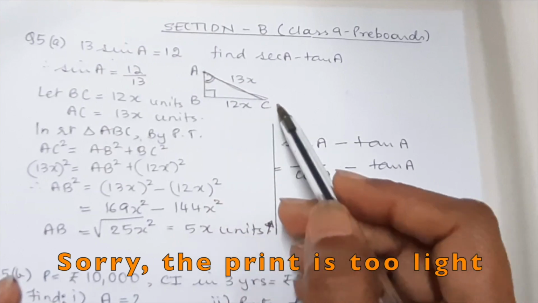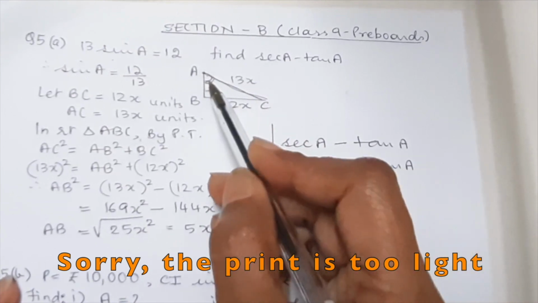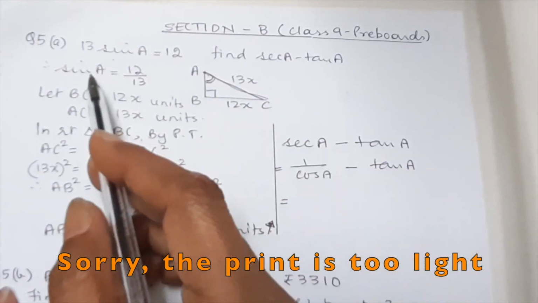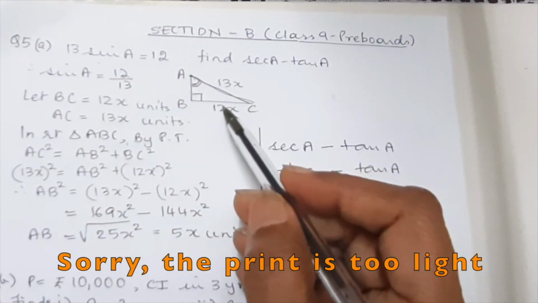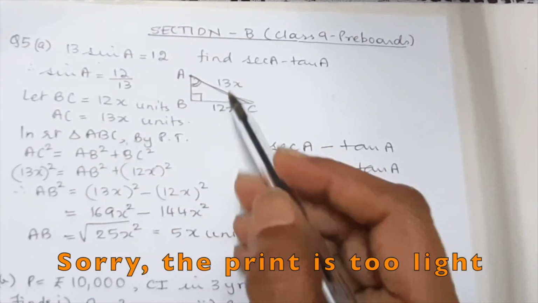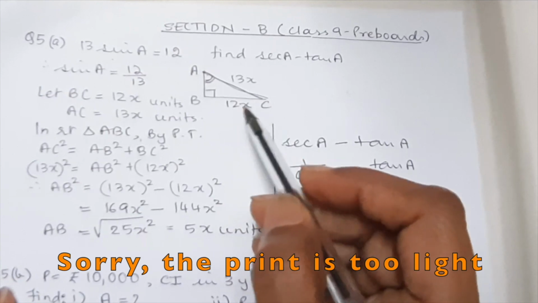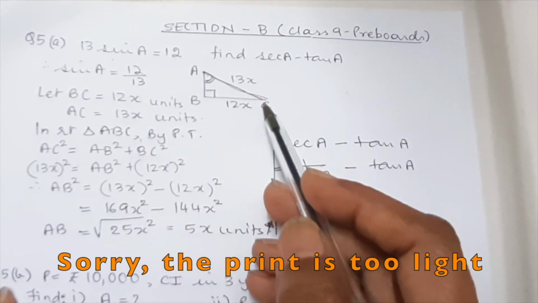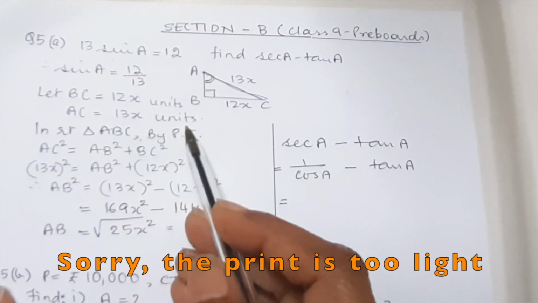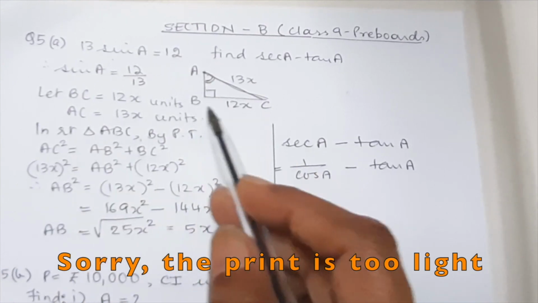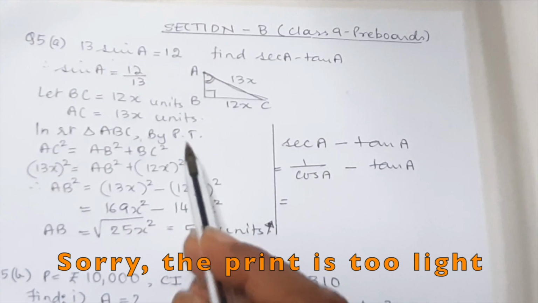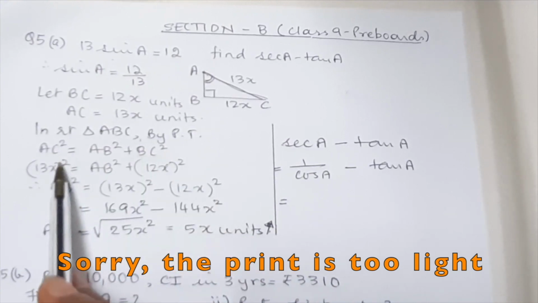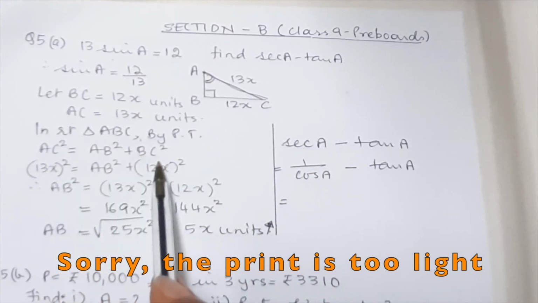We draw this diagram and we will see this is our angle A, and your sine A is opposite upon hypotenuse. So opposite becomes BC, which is 12x units, and hypotenuse AC becomes 13x units. And then in this right triangle, we use Pythagoras theorem, and then we use AC square equal to AB square plus BC square.